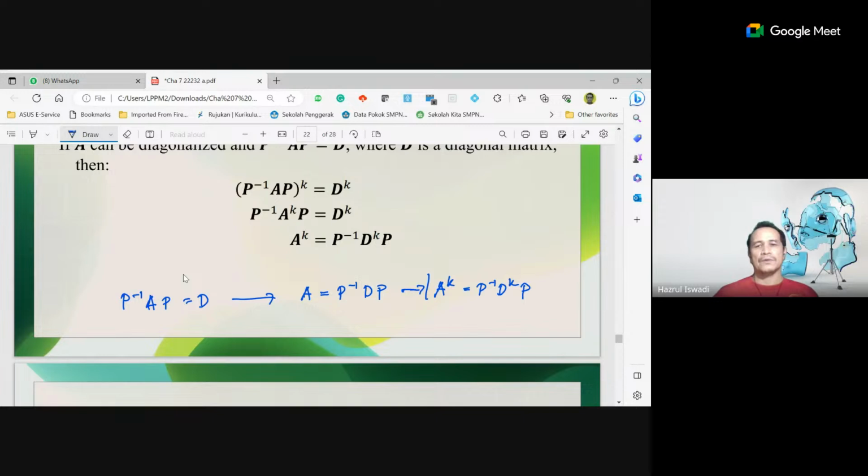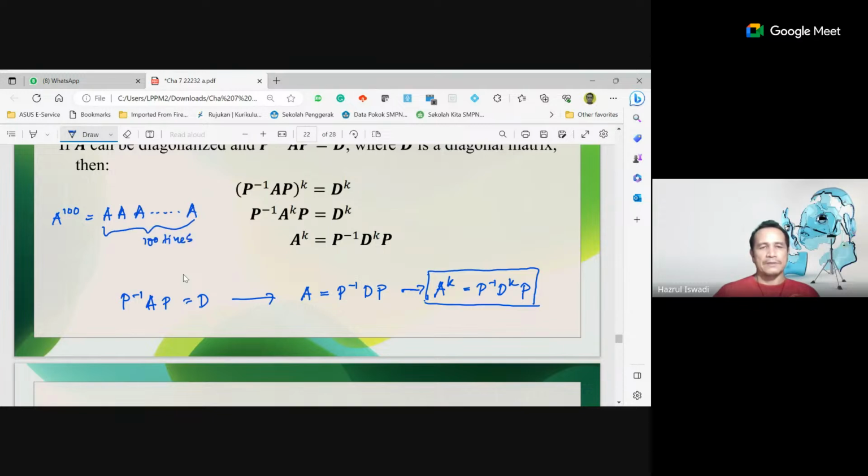So it's useful to calculate A to the power of any number. You can imagine that if we need to calculate A to the power of 100, normally we must calculate A times A times A, 100 times.